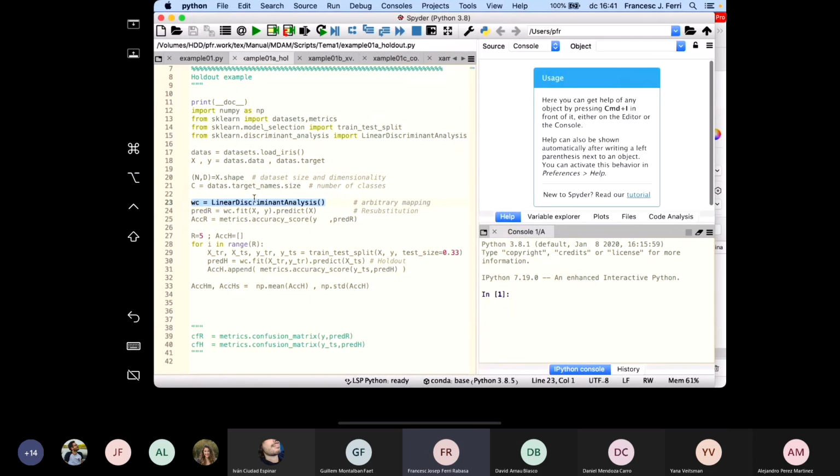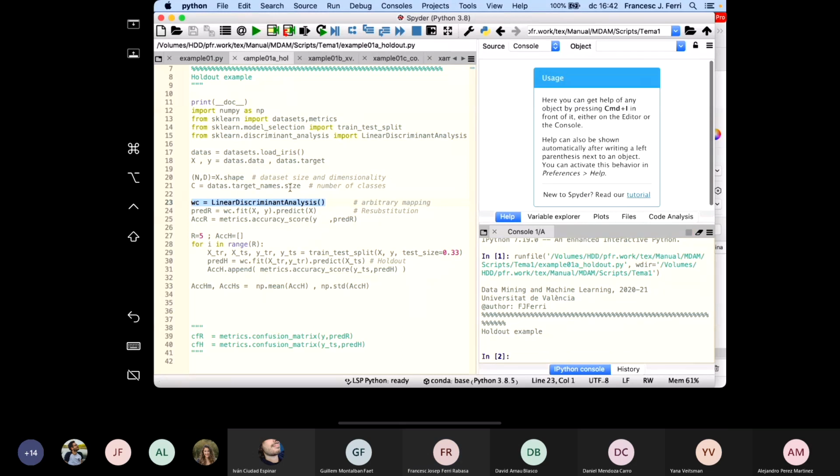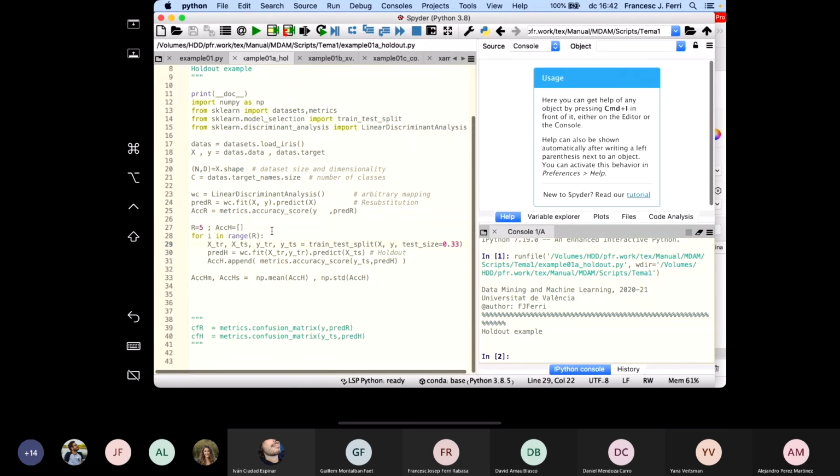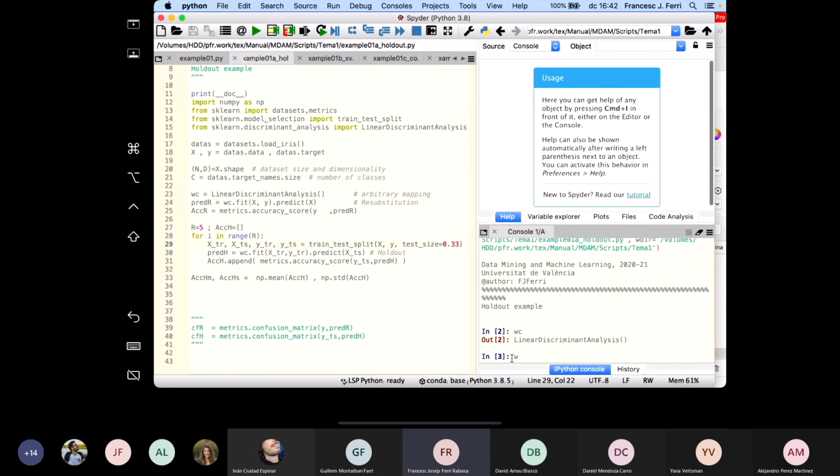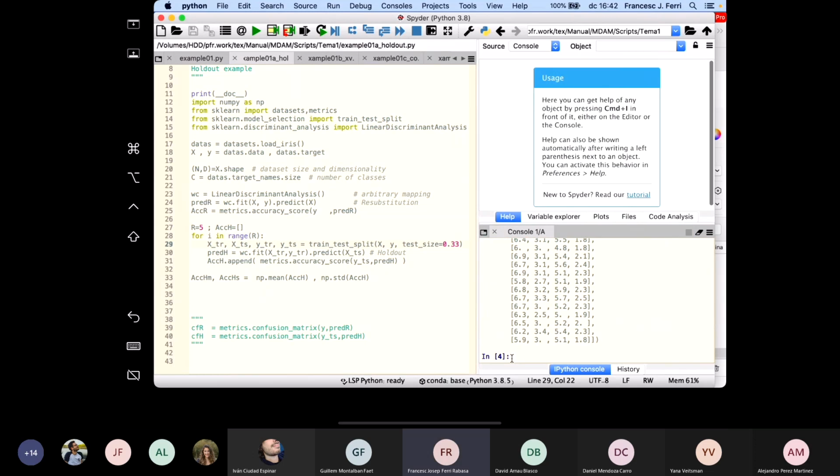Well, when we fit this mapping, then my mapping is able to predict things. Mapping is WC. Let me run this. The thing I want to check is that this is the mapping. When we say WC, for example, and the data is X, this is the whole data set.